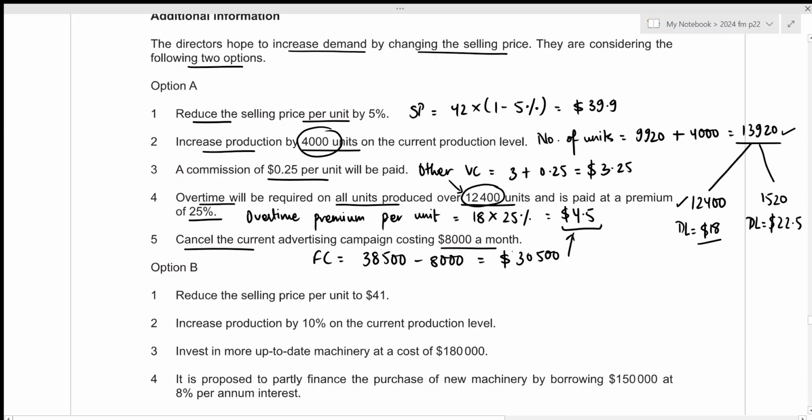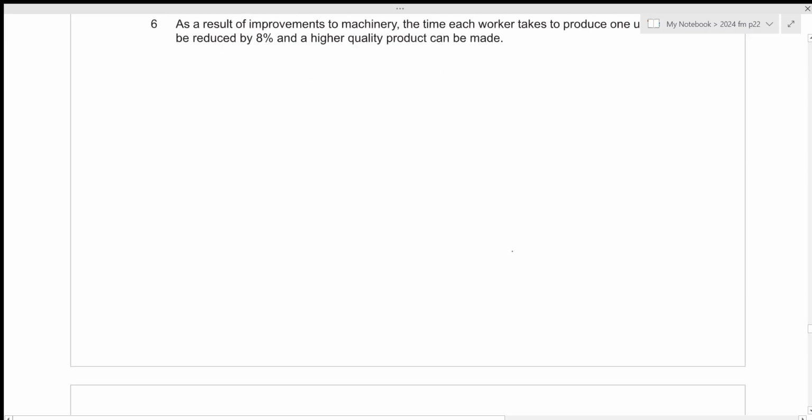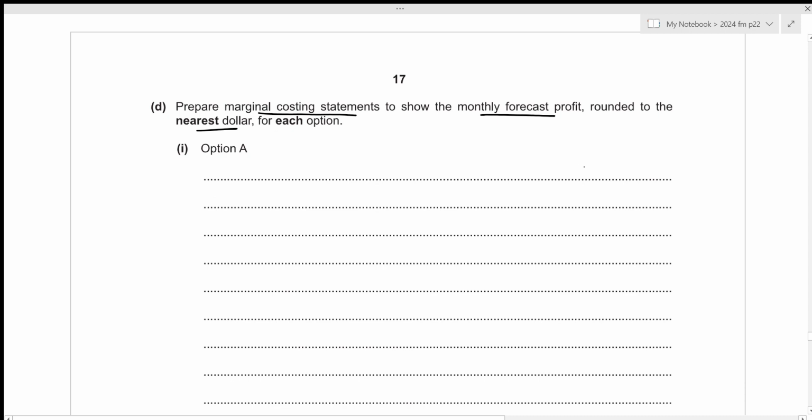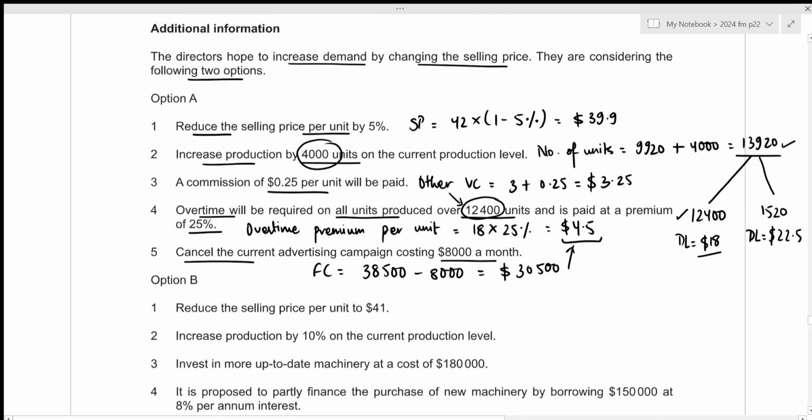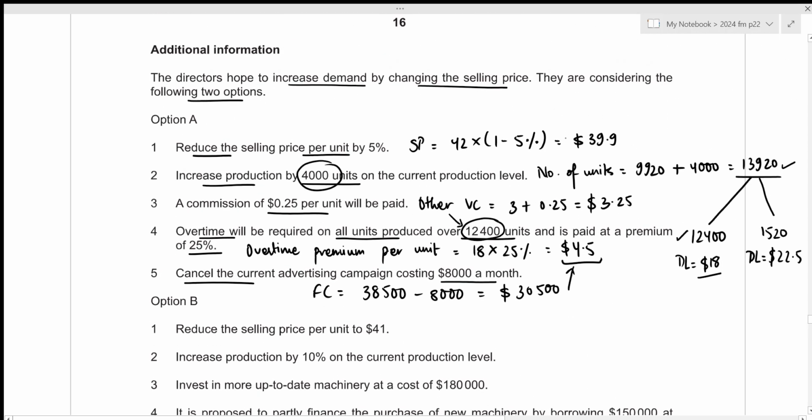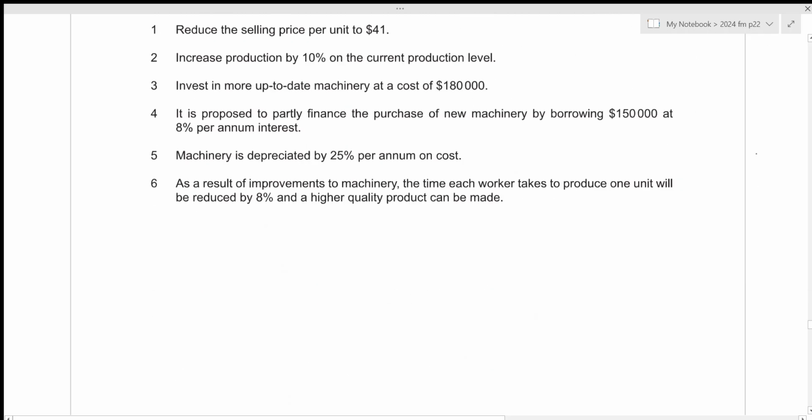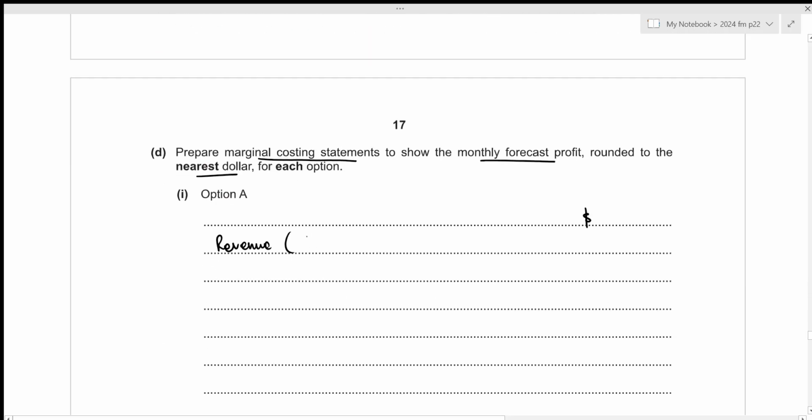Now based on this information, we need to prepare our marginal costing statement. So we can start with the total revenue. For this one, our selling price per unit is 39.9 and the total number of units is 13,920. So that will be 13,920 multiplied by 39.9.